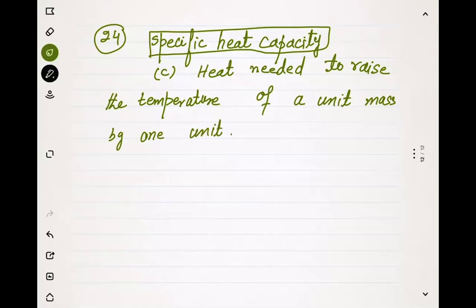And you also know from your O level that temperature in Kelvin is equal to temperature in degrees Celsius plus 273.15. However, you can also write that the change of temperature in Kelvin will be the change of temperature in degrees Celsius.